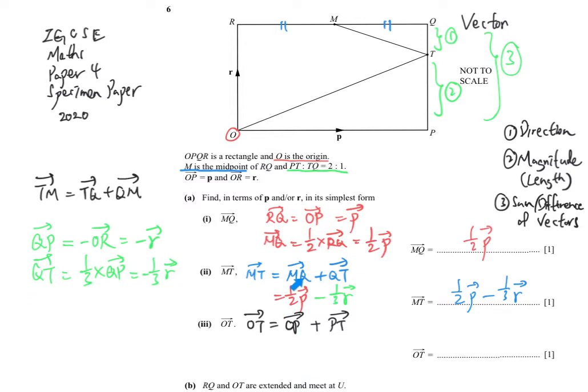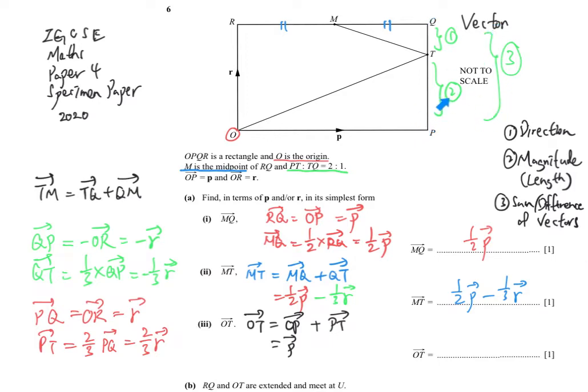So OP, we have it is p, right? And how about the PT? PT, I think that is not difficult. For PT, you can think about it like this. The direction is the same as PQ first, but PQ is equal to OR, so it is equal to r. And then for the magnitude, when this is 2, the whole thing, the PQ, will be 3.